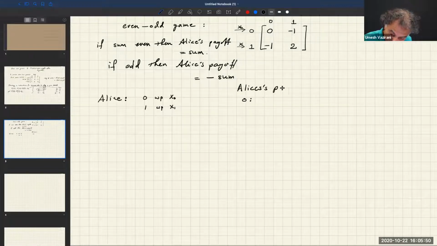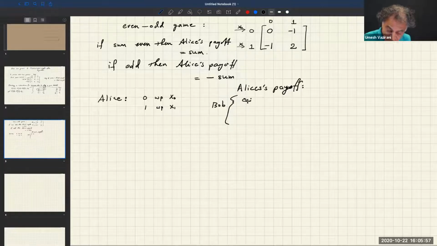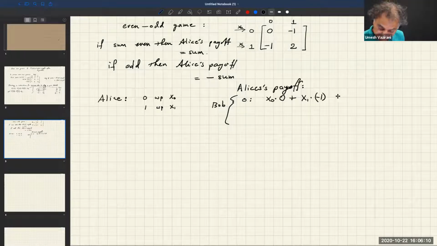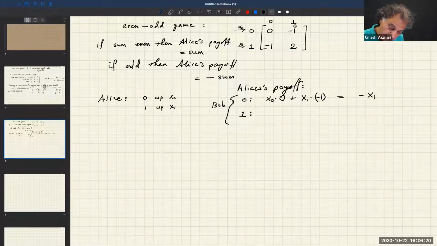Alice's payoff, which is what we read off the matrix, if Bob plays 0, is going to be x0 times 0 plus x1 times minus 1. Right? I should just have written it as minus x1. And if Bob plays 1, then it's going to be minus x0 plus 2x1.